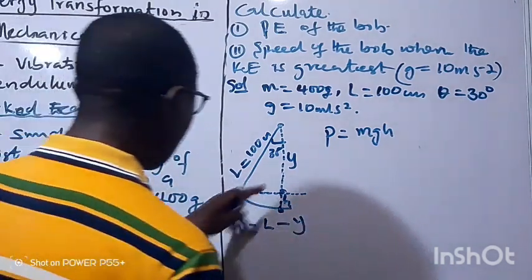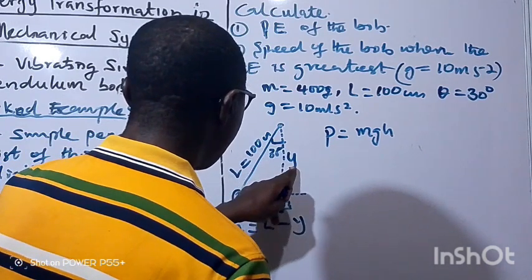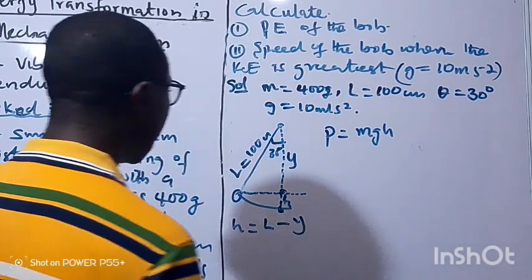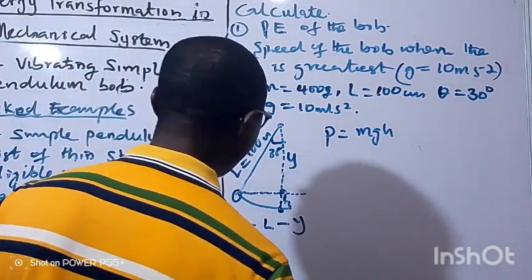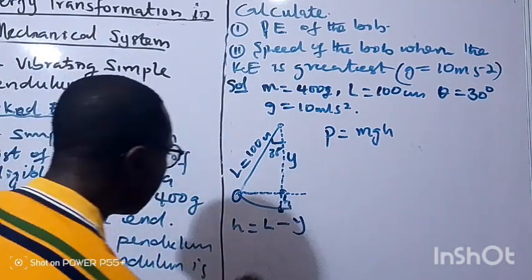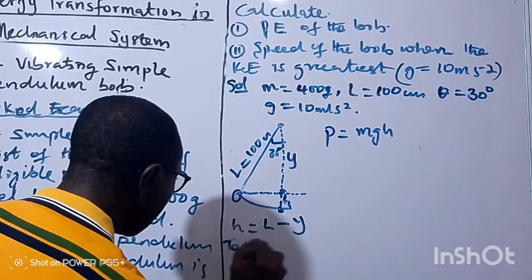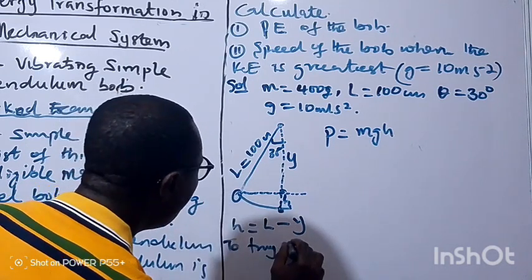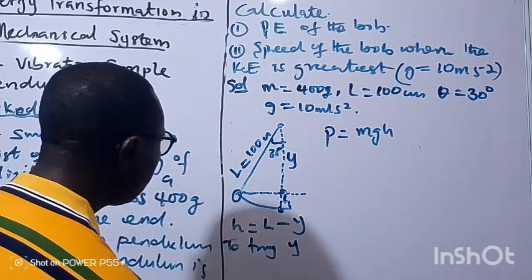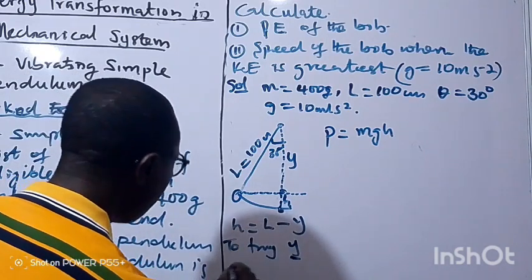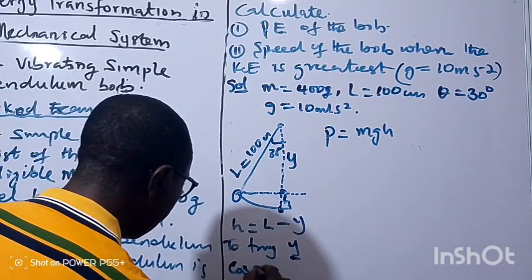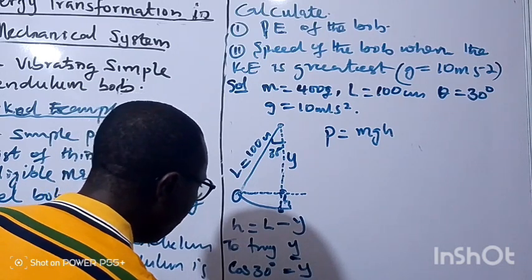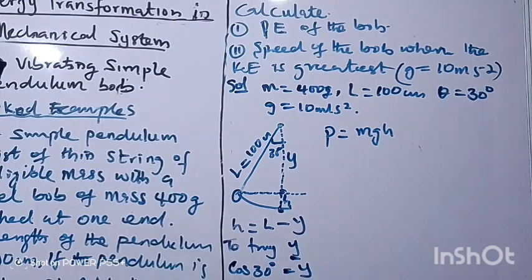So we can say that this side is adjacent to this angle, and this side is the hypotenuse. From mathematics, that gives adjacent over hypotenuse. So to find y, cos 30 degrees is equal to y over L. That is adjacent over hypotenuse.